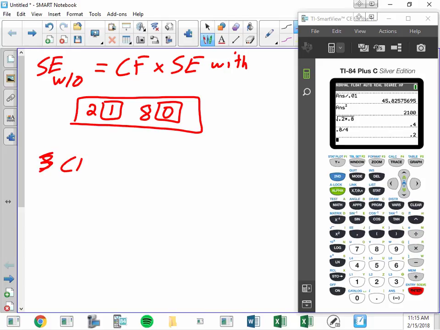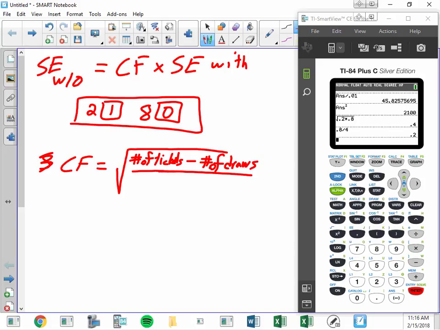So the correction factor is the square root of the number of tickets. Okay, so the formula is at the bottom of 368. We take the square root of the number of tickets minus the number of draws, divided by the number of tickets minus 1.